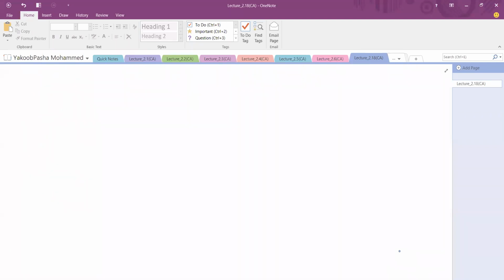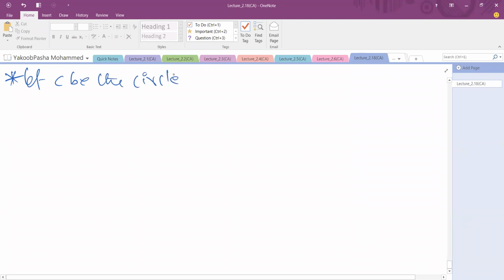Let C be the circle modulus of z is equal to 3.